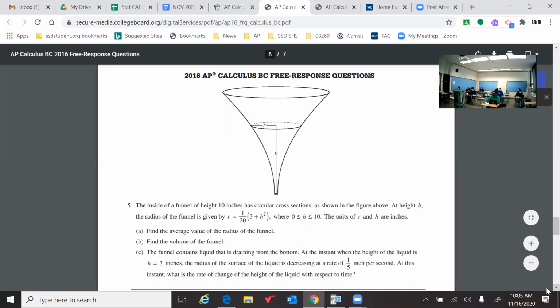They're asking you to find dh/dt. What was given? The radius is decreasing at a rate of 1/5 inch per second. They're giving you dr/dt. What would you multiply that by to get what you're looking for?